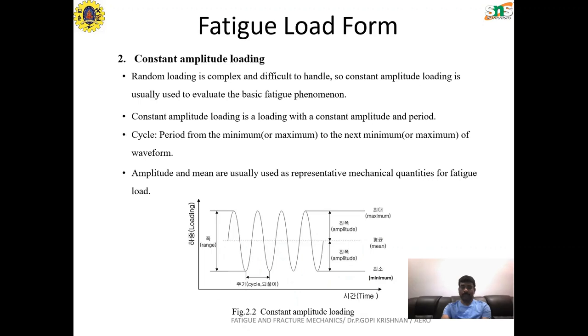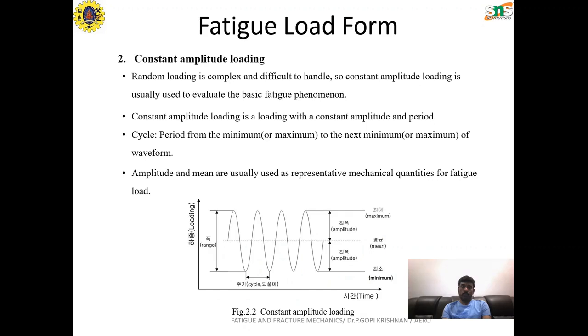We have certain formulas for understanding the fatigue behavior of materials, which starts with the load ratio or the stress ratio, abbreviated as capital R. Capital R is the ratio between the minimum load and the maximum load, that is, P minimum to P maximum, which is also written as sigma minimum to sigma maximum.